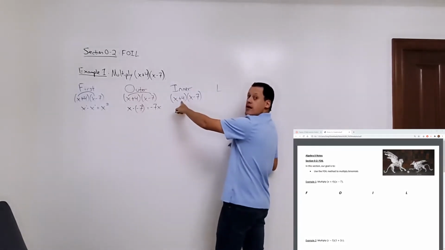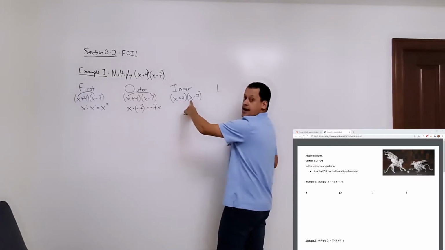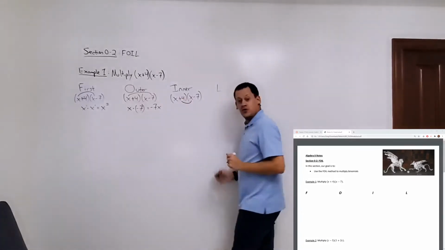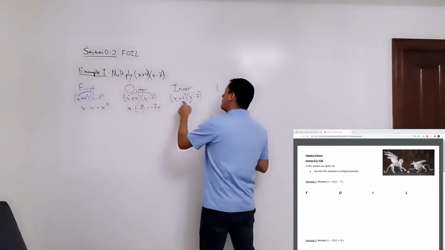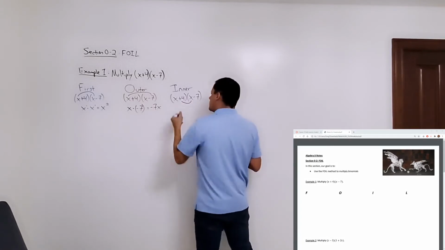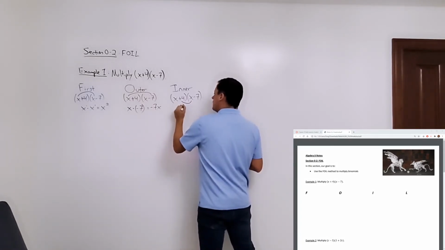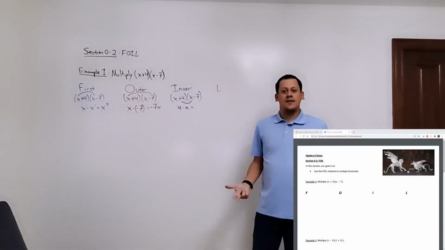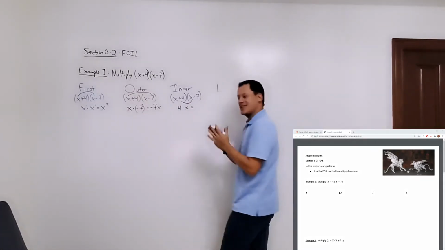So here we have +4, and also on the inside we've got x. So we're going to multiply those two terms together. So 4 times x. We don't usually write the plus sign if we're going to multiply those things together. I could, but we usually don't. 4 times x, that's just squish those two things together, 4x.